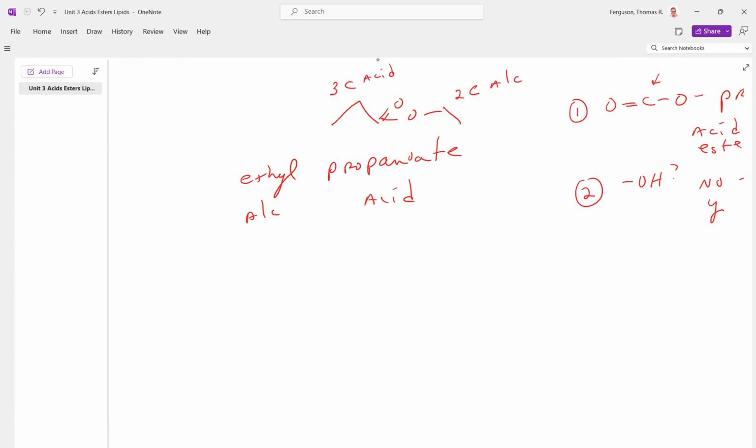Okay, how do we make this? 3 ways. One way is taking the acid, propionic acid, plus the alcohol, that would be ethanol.